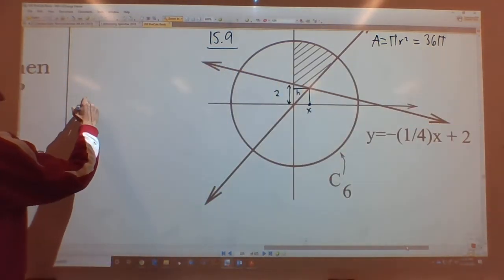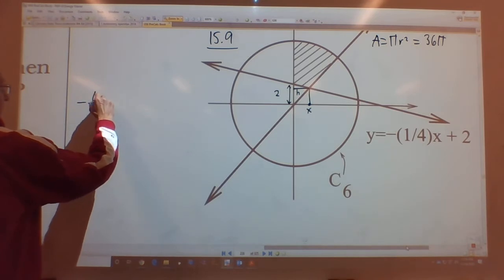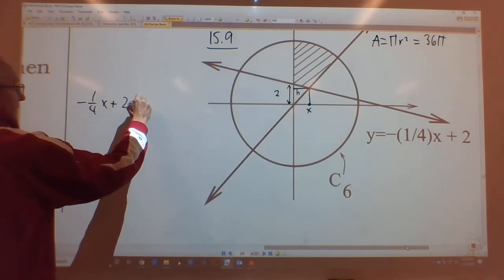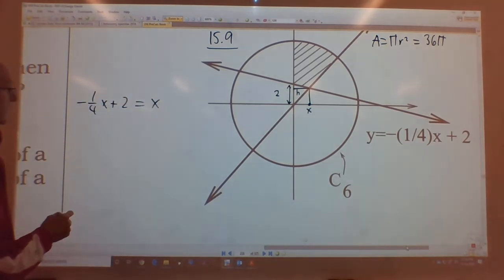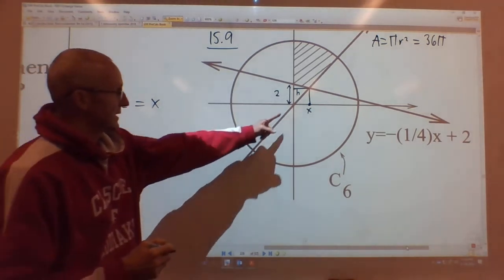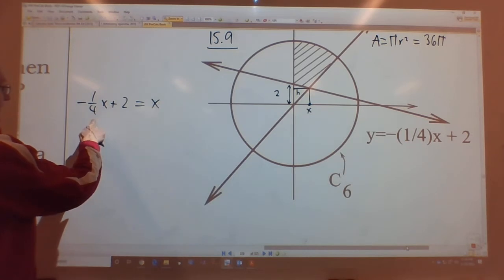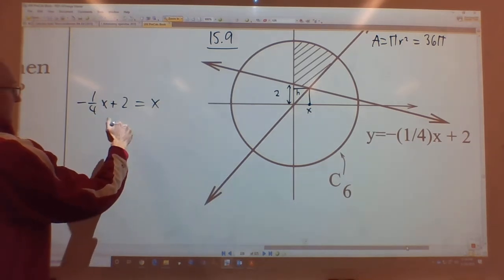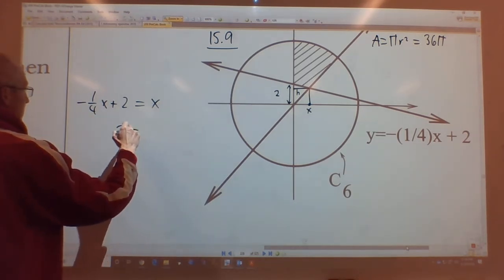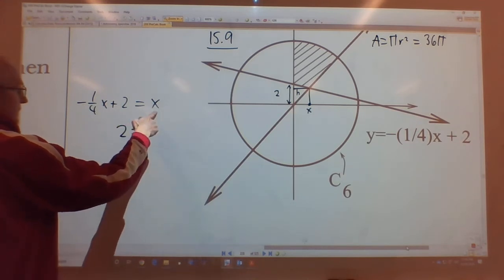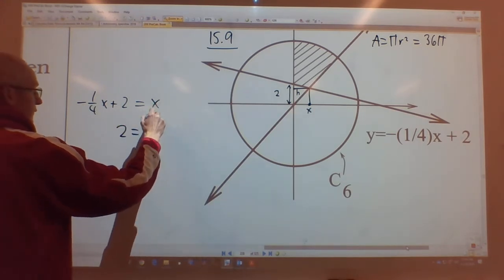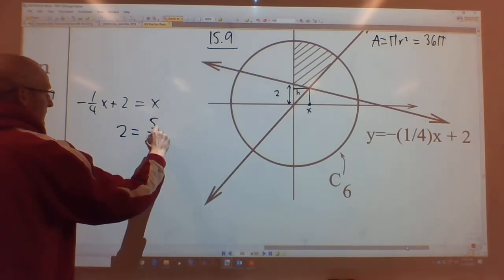So you say, okay, negative 1/4 x plus 2, when is that equal to x? Because this line is y equals x. So y equals negative 1/4 x plus 2, when is that equal to x? Let's see, add 1/4 x to both sides. We get 2 is equal to 1/4 plus a whole, that's 4/4 x, is 5/4 x.